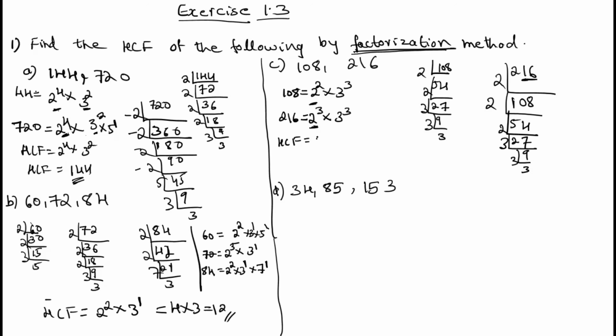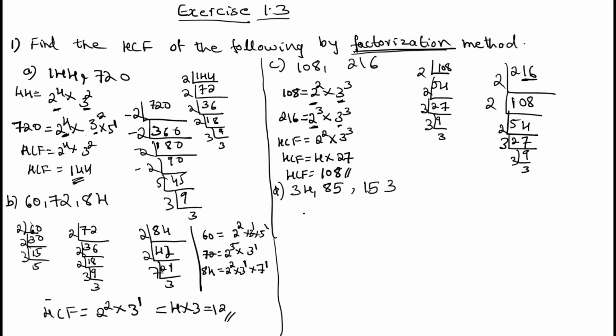What's the least power? 2 to the power 2. Second common factor is 3. Least power is 3 to the power 3 itself. So HCF is equal to 2 to the power 2 is 4 into 3 to the power 3. 3 3s are 9, 9 3s are 27. It's equal to 108. Therefore HCF of 108 and 216 is equal to 108 only.